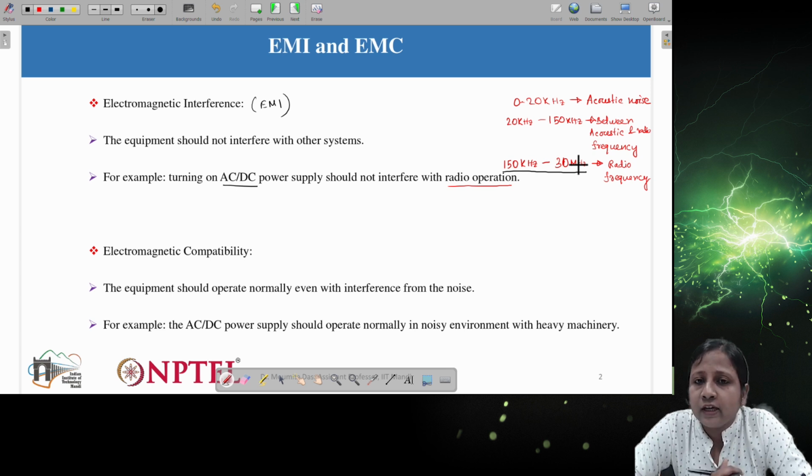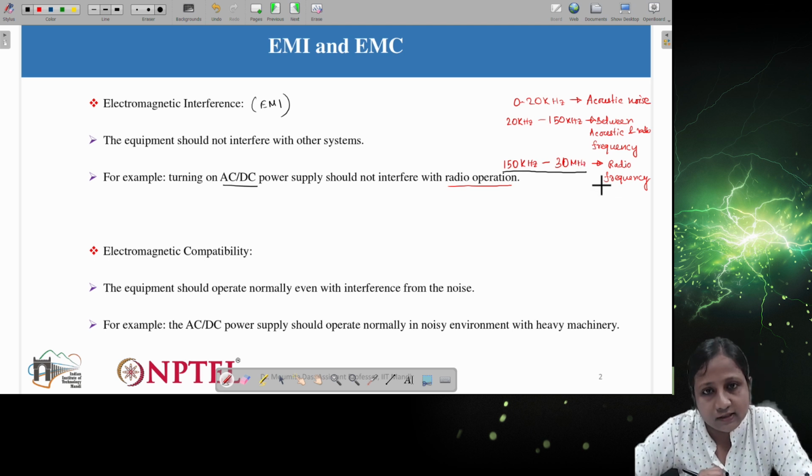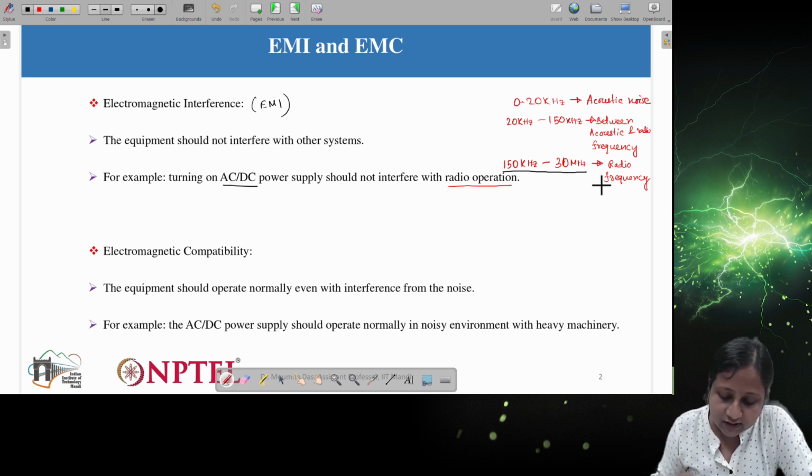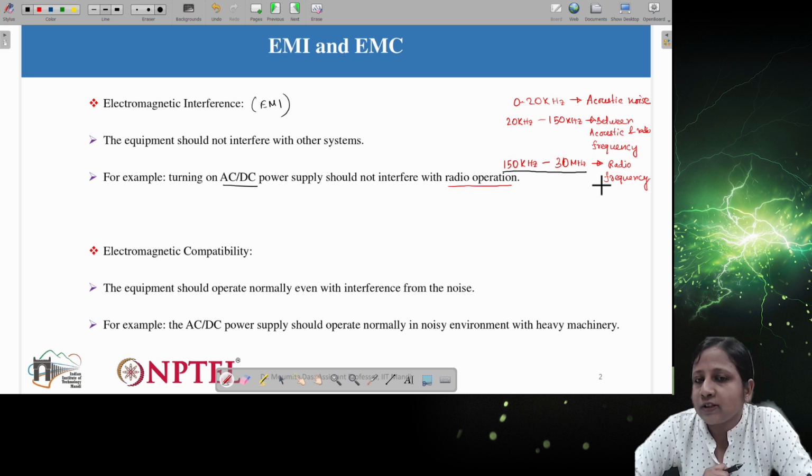Operating at that level, it comes into the radio frequency range. So the noises generated due to electromagnetic interference will also be in that range. So the interference will be there.